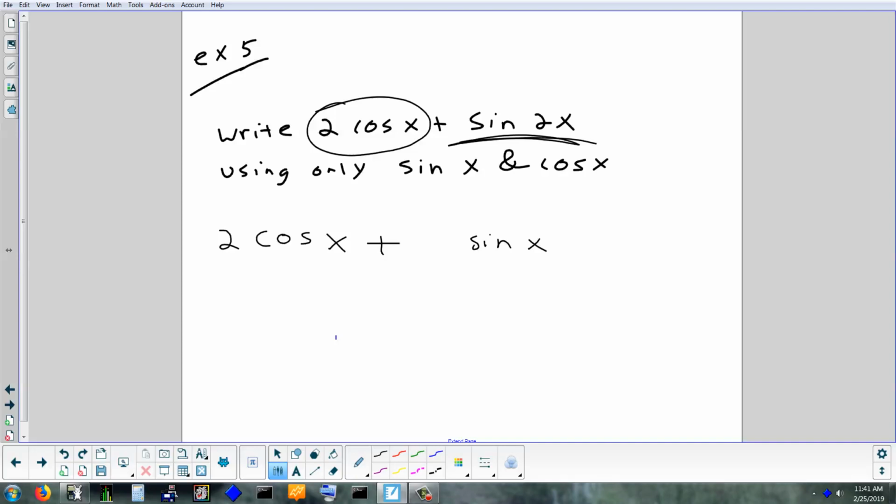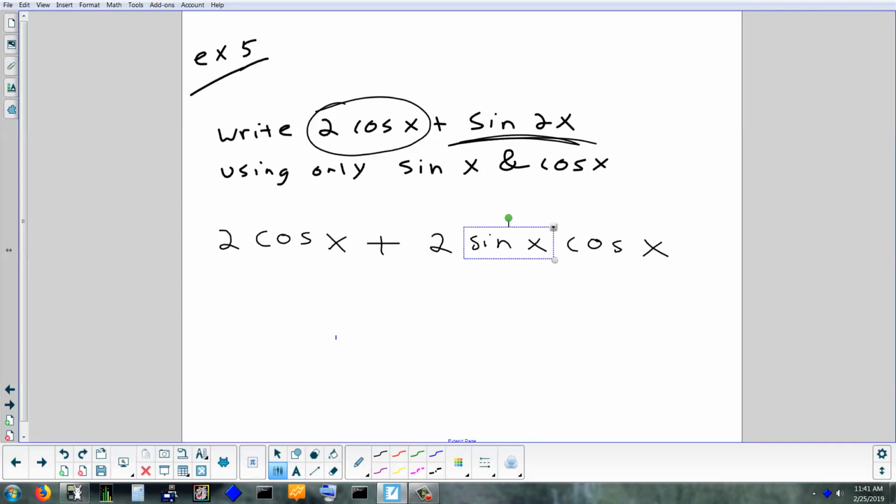So I like the sine, that's good. Sin x and cosine x. Okay. So now we've rewritten it.